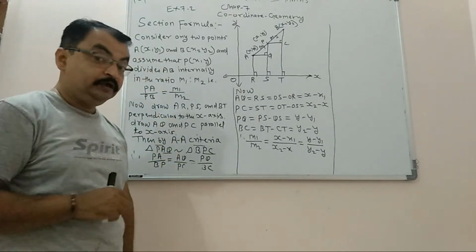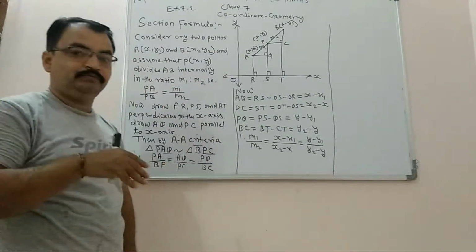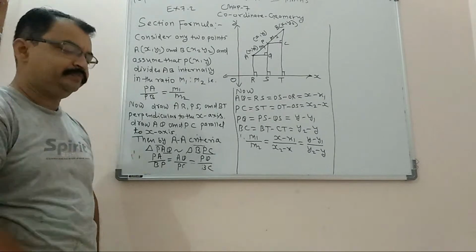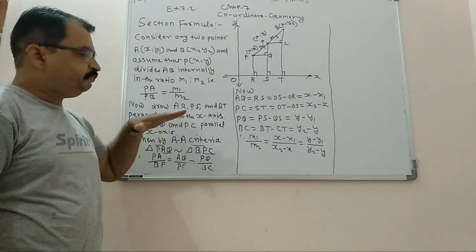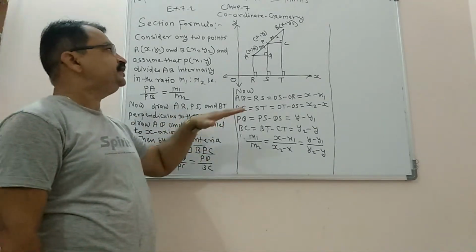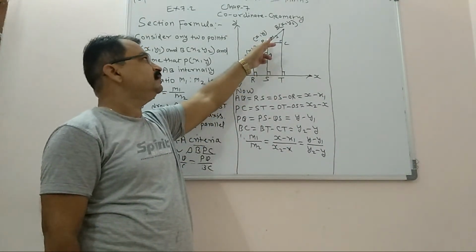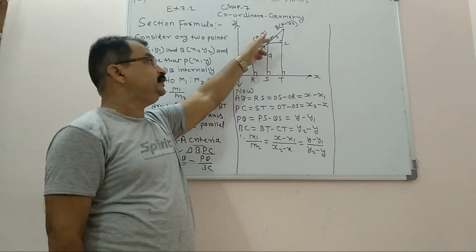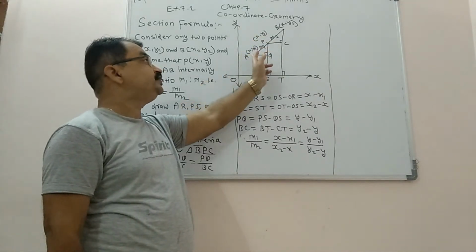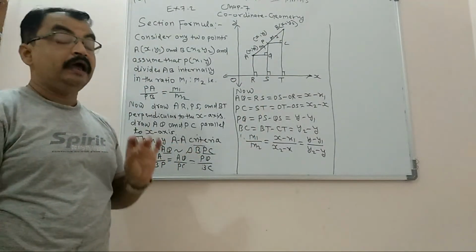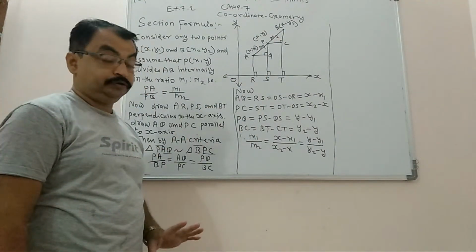Right, children? That is the later part, what they will provide us and what we have to find. Right now we have to concentrate on how to derive the section formula, that is the value of the point P(x, y), which divides the line segment AB in the ratio M1 and M2.